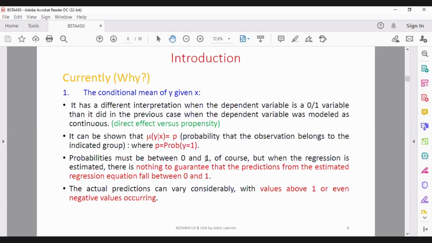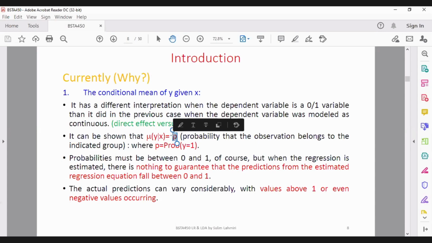If y is binary and you run the multiple regression, there is no guarantee that this probability is between 0 and 1, because the x's are not forced to be between 0 and 1, or the outputs after processing the x's cannot be forced between 0 and 1.